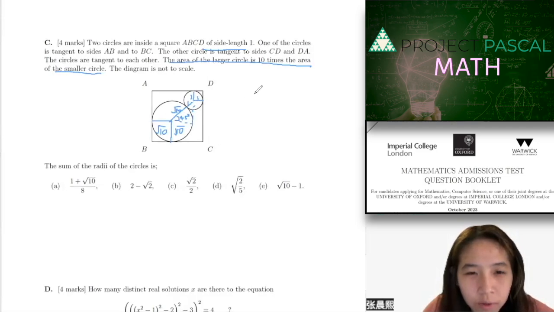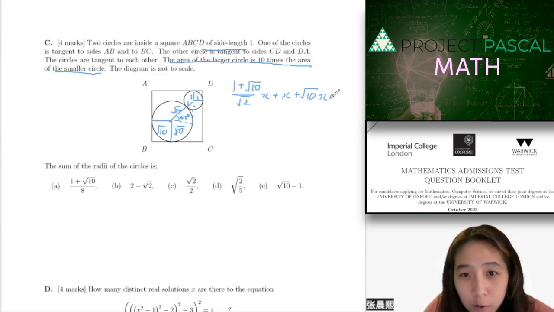So that will be 1 plus root 10 divided by root 2 x plus x plus root 10 x equals 1. So this gives 1 plus root 10 plus root 2 plus root 20 times x equals root 2.